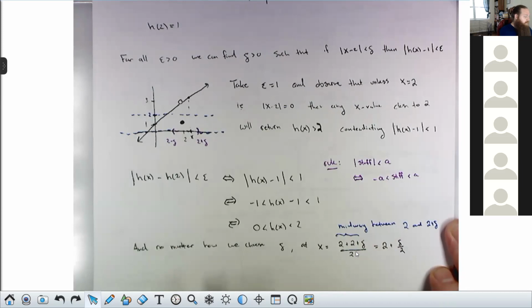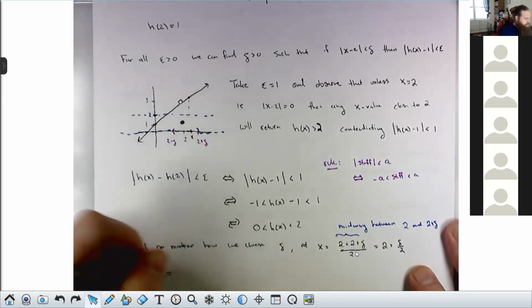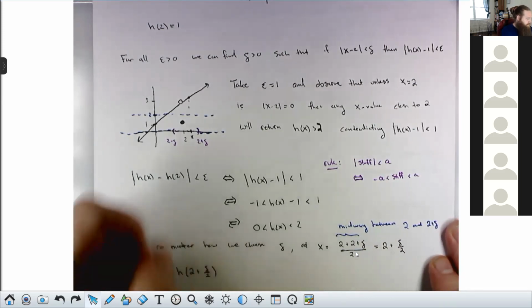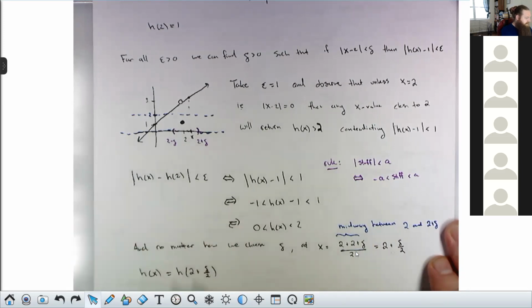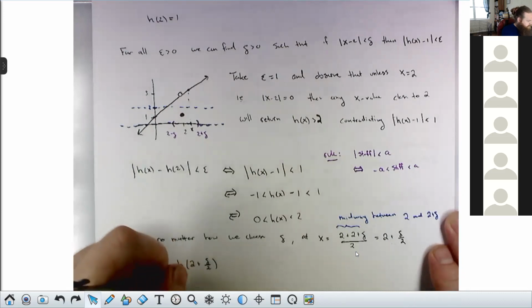No matter how we choose delta, at this x value, h of x is h of 2 plus delta over 2. And since that's not equal to 2, delta is positive, so delta over 2 is positive, so 2 plus that is a little bigger than 2. We're using this other piece. We would get that plus 1.